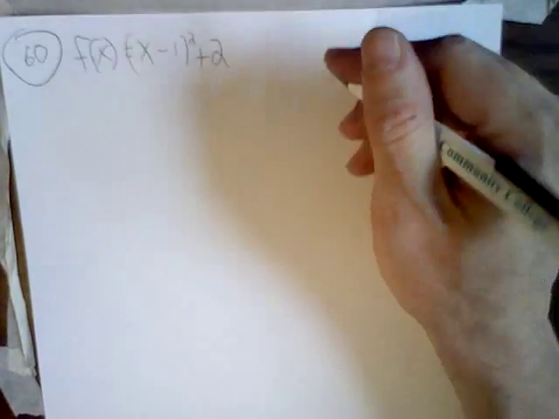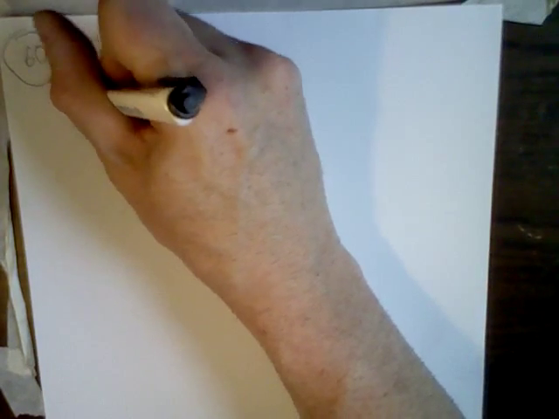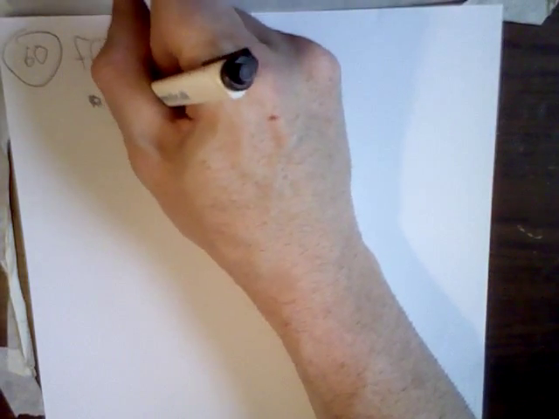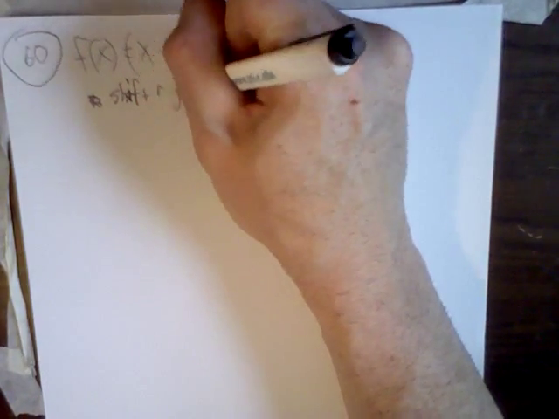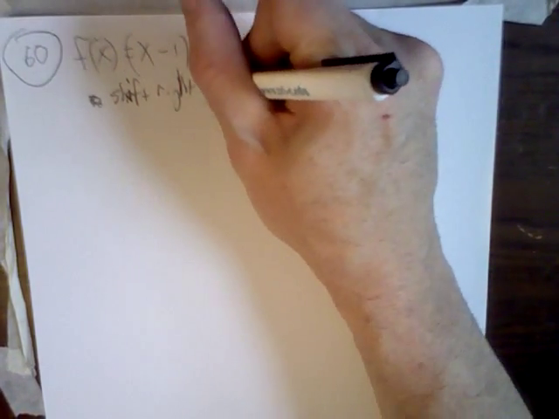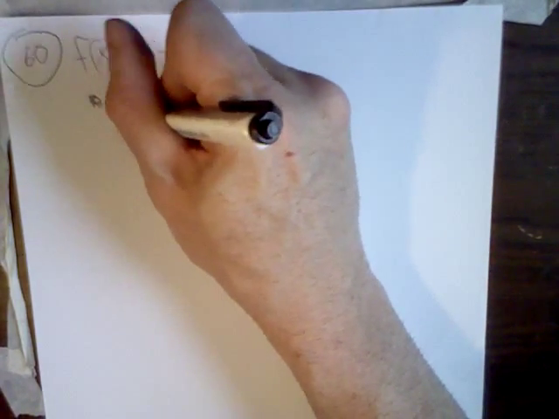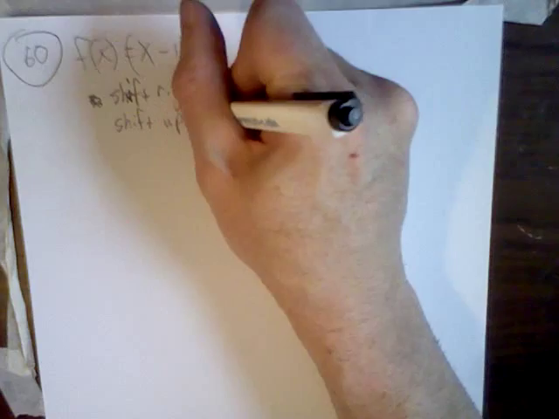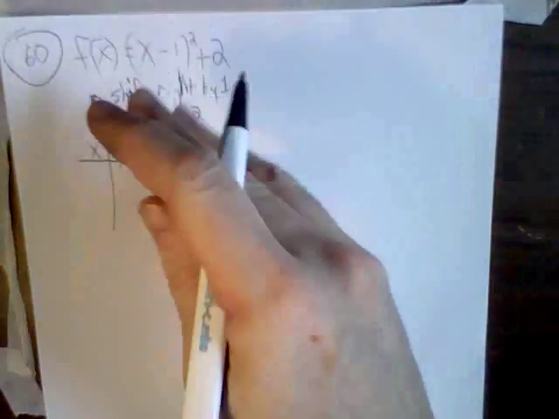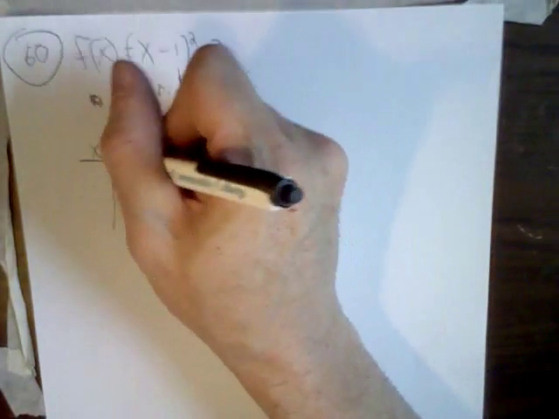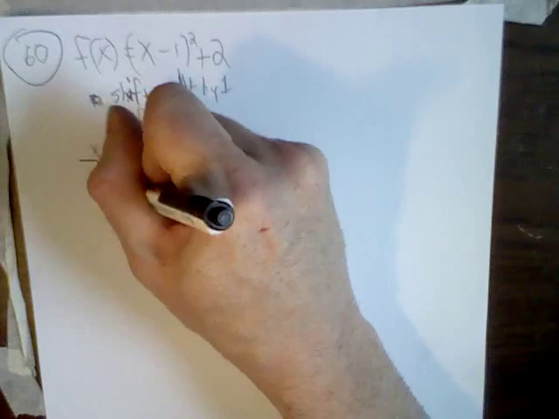Okay. So first identify the horizontal shift. First there is a shift right by 1, and then there will be a shift up 2. Again, if you want to, you can do a table of values for the fundamental graph x squared. So negative 2, 4, 0, 0, 2, 4.